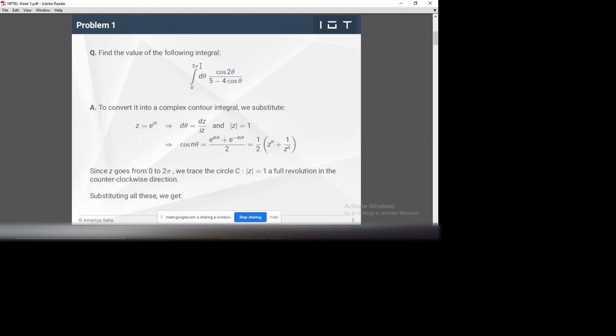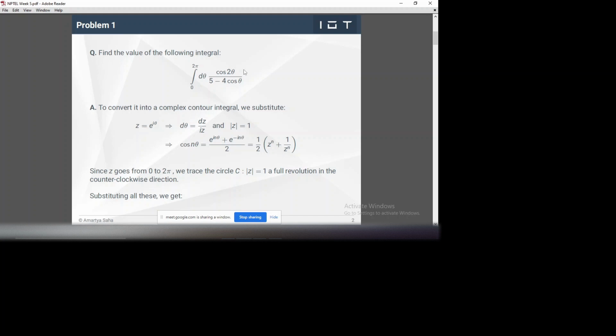It is going from 0 to 2 pi, and the functions in the integrand are periodic functions. You see the cos theta has a period of 2 pi and cos 2 theta has a period of pi. So these kinds of problems are easier.